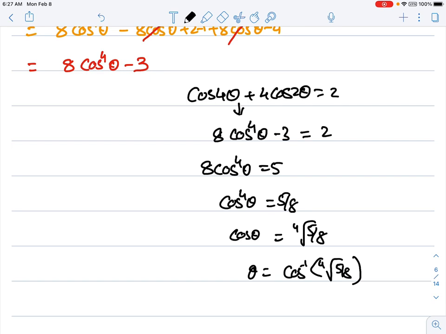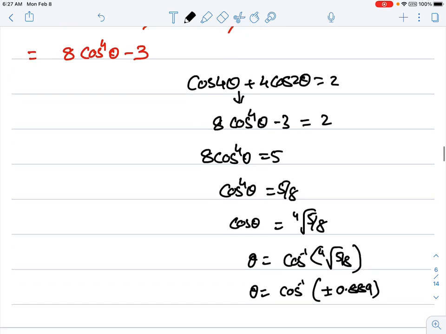So when I find that 5 upon 8 value, I'll be getting it at 0.889. So theta is equal to cos inverse of plus or minus, don't forget to take plus or minus, 0.889.